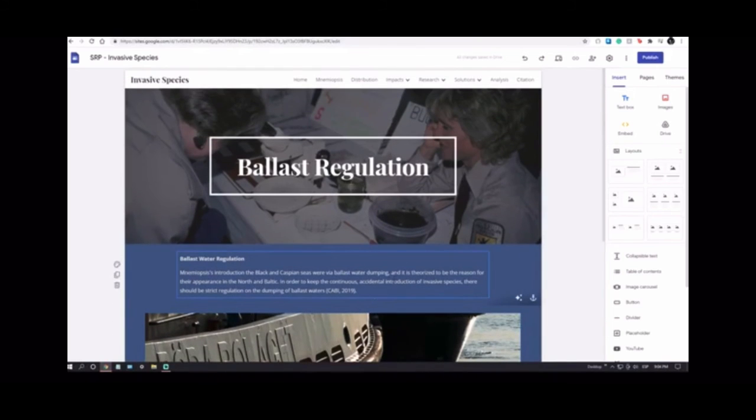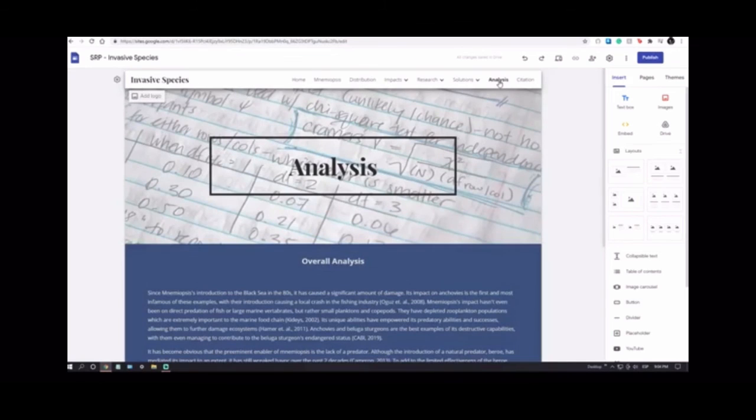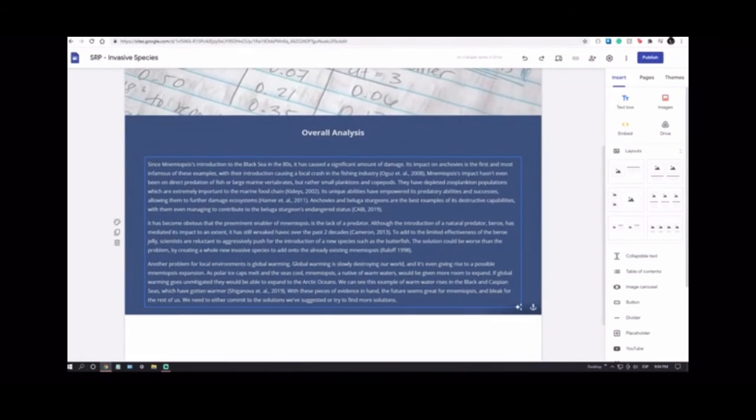And the second to last page now is the analysis page, where I provide an overall analysis given the data we got from the past few pages, and it's pretty bleak. So, since Mnemiopsis' introduction in the 80s, it's caused a significant amount of damage from the anchovies in the Black Sea to the beluga sturgeons in the Caspian.